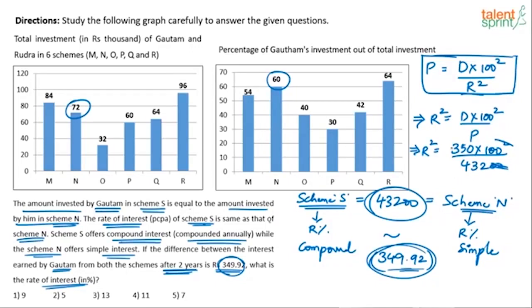Simplify this: 350 by 432. If you take 7 common in both of them, this is 7 into 50, this is 7 into 62, right? So R square equals 5000 by 62.